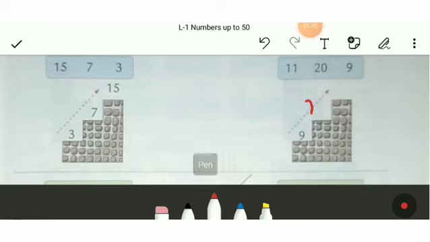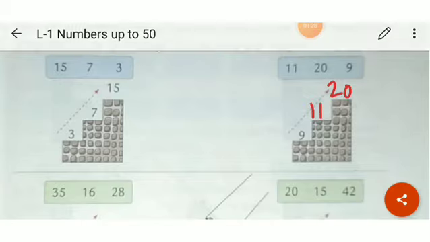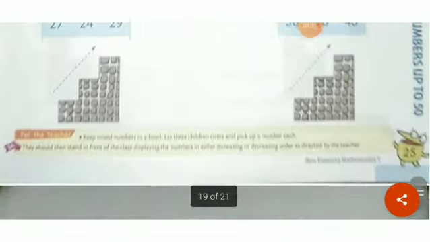Wait a minute, I will erase this. 11 here and next is 20. Okay, this way you have to complete this order from smallest to biggest as increasing order. Complete the remaining one.